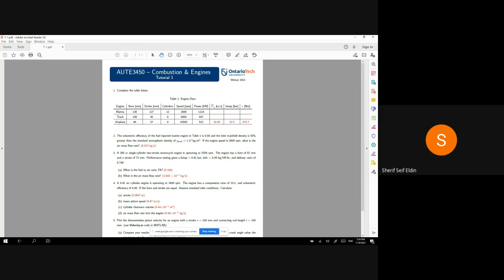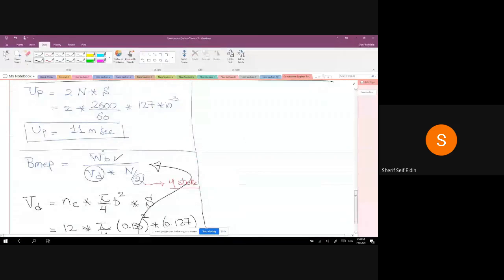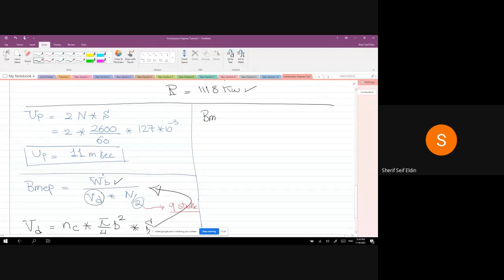So when we substitute into the brake mean effective pressure, it is going to be 1118 kilowatts over displacement volume 0.022 multiplied by N. N is 2600 over 2 multiplied by 60.